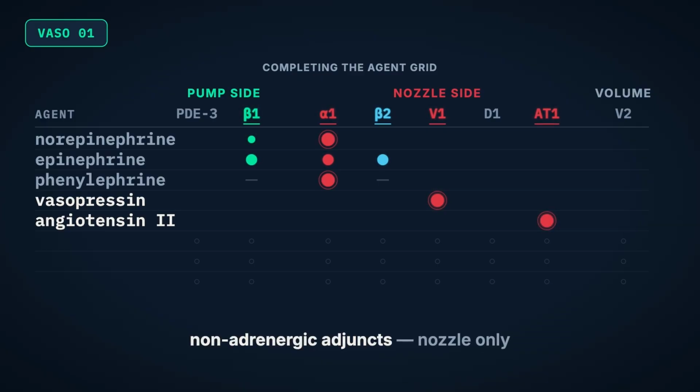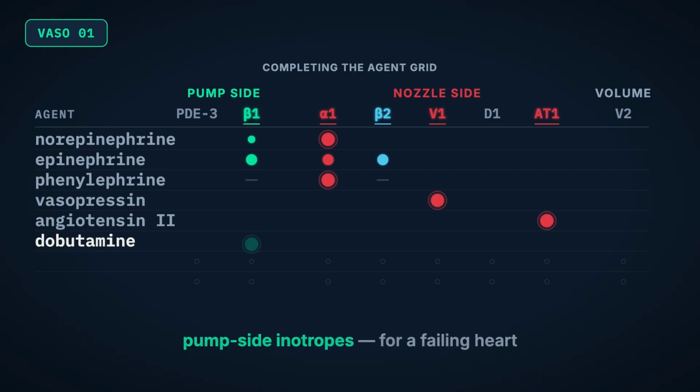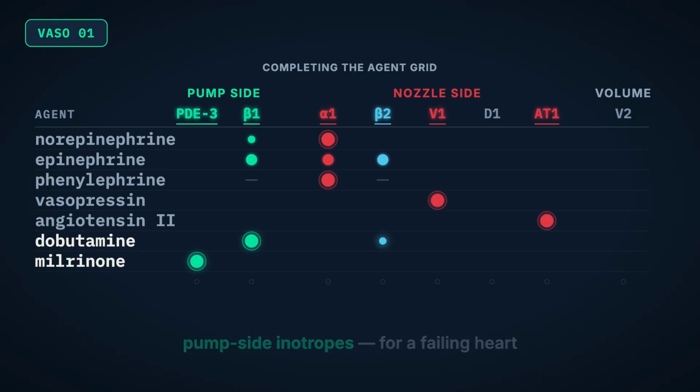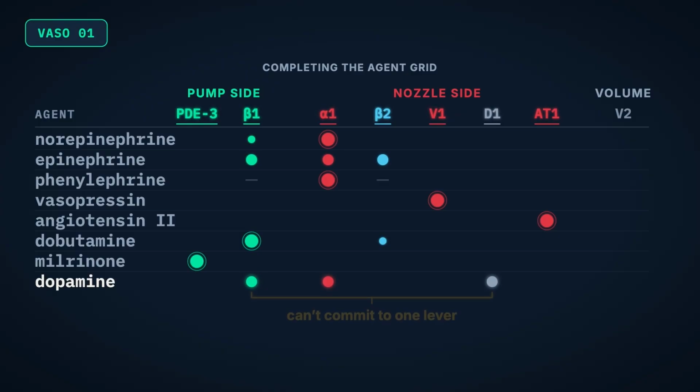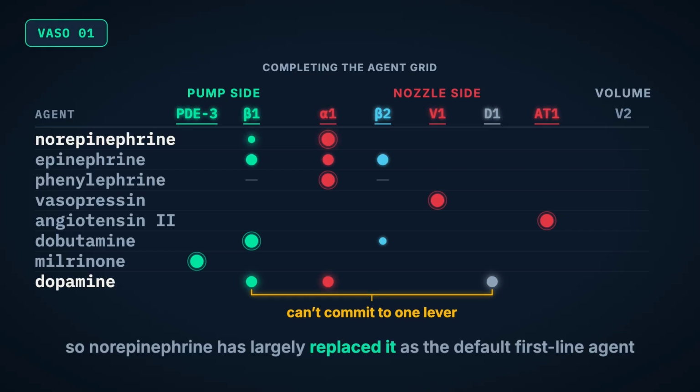Dobutamine and Milrinone sit on the pump side, inotropes for a failing heart, with Milrinone adding some vasodilation as an inodilator. Dopamine straddles both, dose-dependently, which is exactly why norepinephrine has largely replaced it as the default first-line agent.